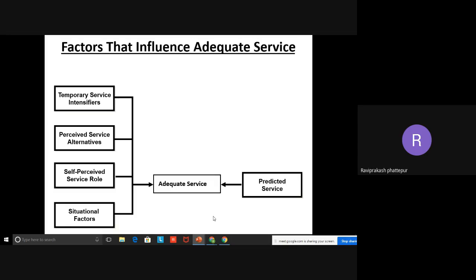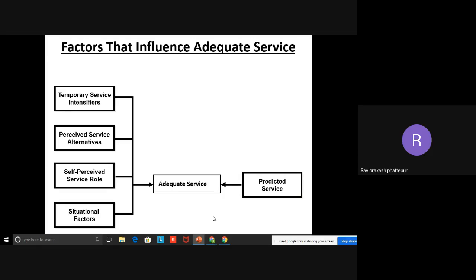The first set of elements is the temporary service intensifiers. This consists of short-term individual factors that make a customer more aware of the need for service. That means you need it now, you are hungry and you need food. So that is temporary, because at that moment you are hungry and you need to eat food.